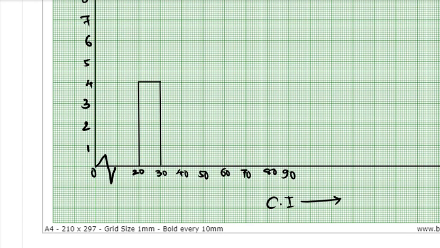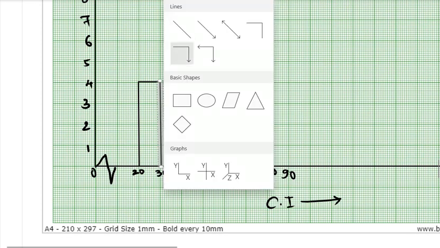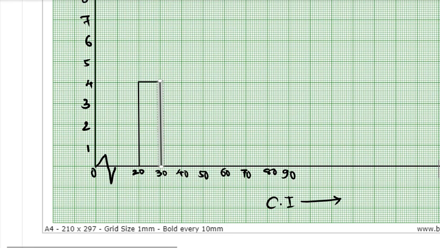With pencil and scale, this becomes simple, easy. Right? So that's our first tower, 20 to 30. The height is 4. Then 30 to 40, the height is 7. So I'm going to take one more line. Now the point over here. Second point over here. So I'm just going to drag this here up to 7. One more line.